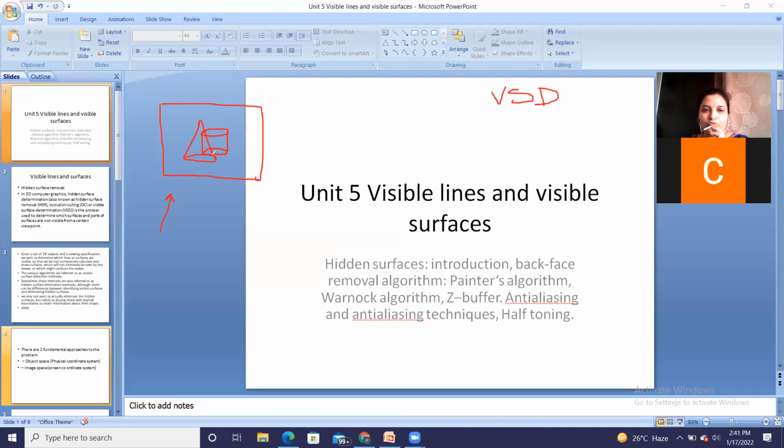So I can remove the portion of the cylinder which is invisible. So I am removing this portion of the cylinder as I am viewing from this side. If I am viewing the object from back side, then what will happen? Exactly opposite is the case.